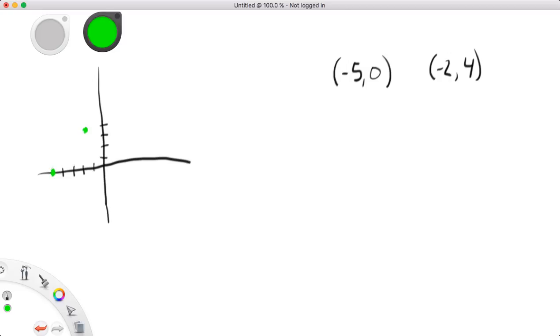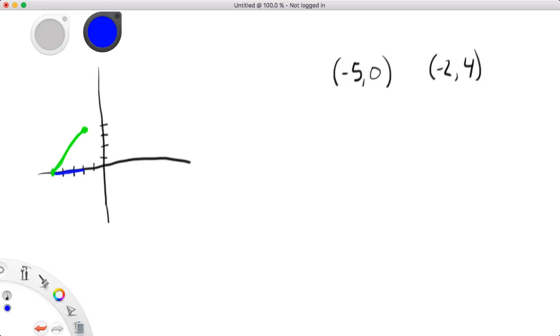So the first thing I want you guys to understand immediately is that this is a diagonal line. If this were a line directly on top of the x or y axis, or even parallel to the x or y axis, we could just count the number of units it goes over. But this is a diagonal line, so we can't just count the units.